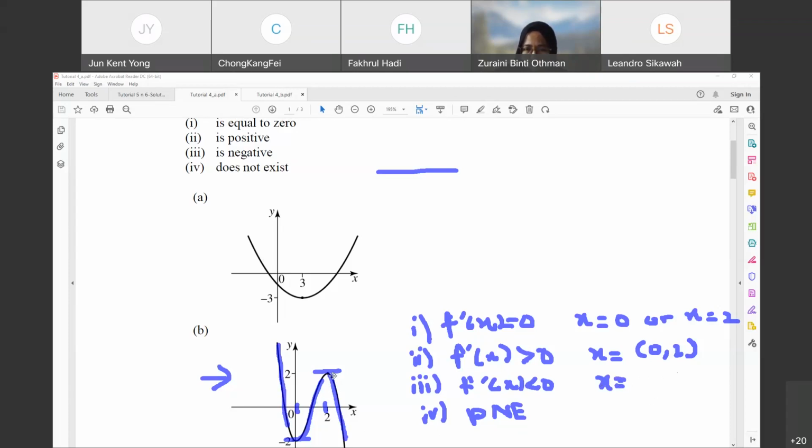Another one, dia ada berdua tempat kan? X greater than 2. Oh, okay.